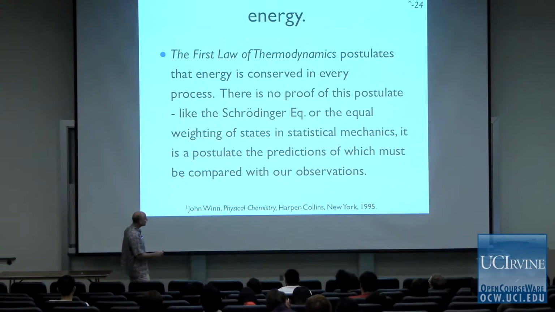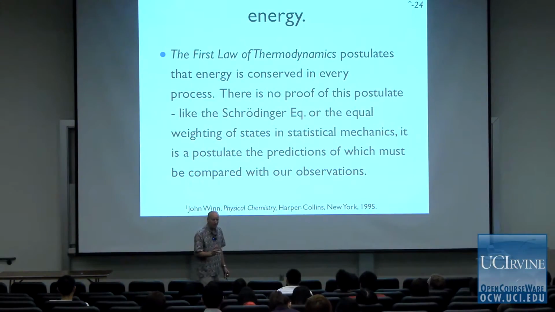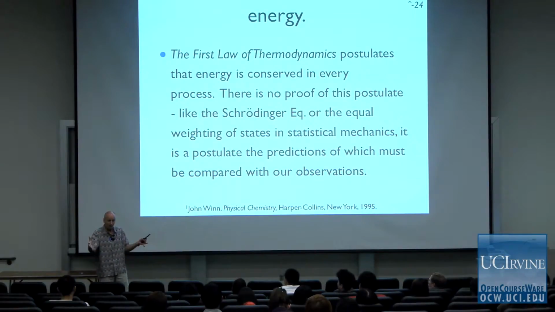This equal weighting of states business, all right, these microstates, each microstate is equally probable for a thermodynamic system. All right, the only way to know that is to make many, many observations and to compare that hypothesis with what we see in the laboratory, and over time we build up confidence in these hypotheses. That's what conservation of energy is in thermodynamics. It's a postulate. It's a hypothesis.